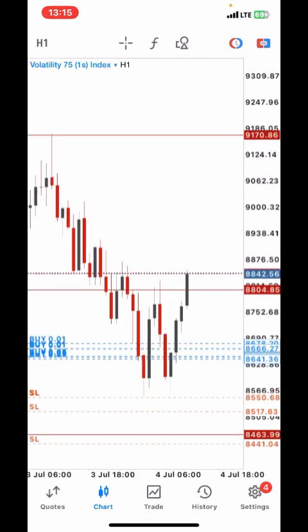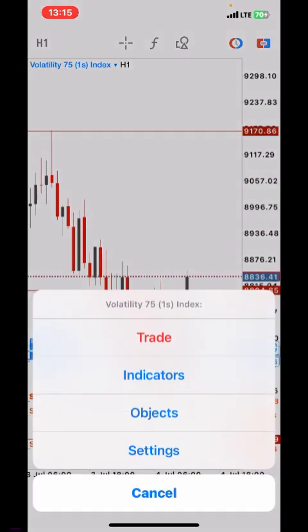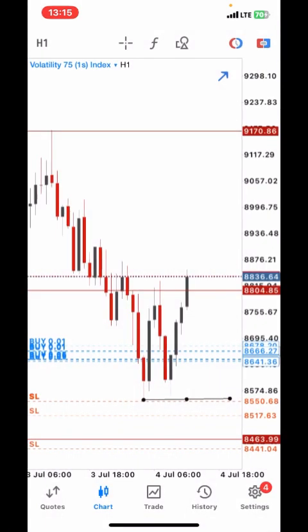And you get to see that right here we had the nearest support. This is where we had the nearest support, and then we saw how price played out. When price came here, it found a support around here and shot back to the upside.